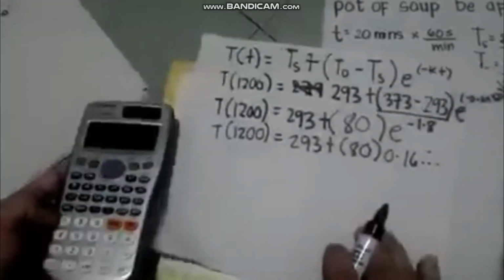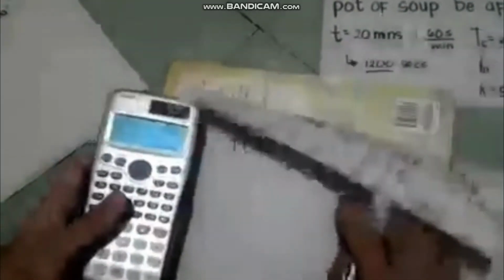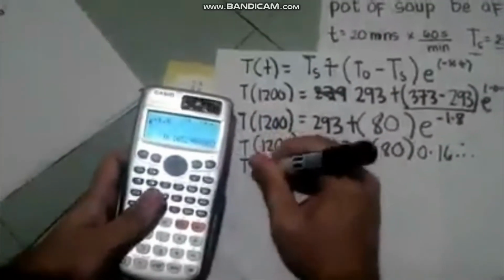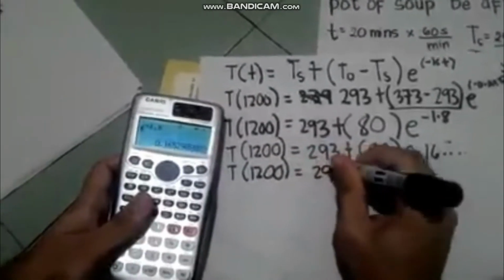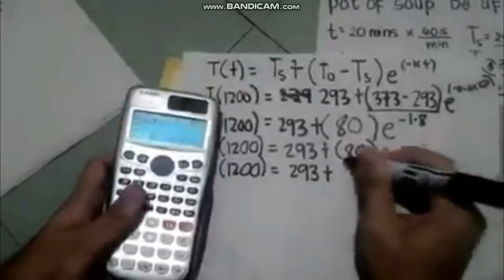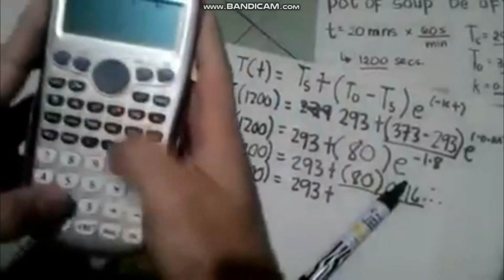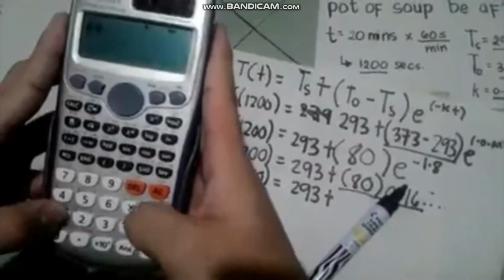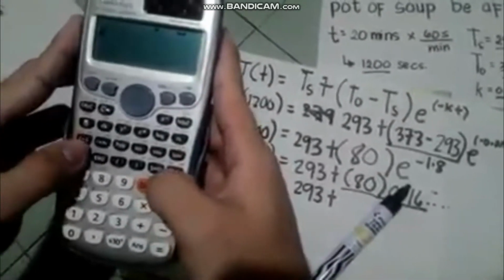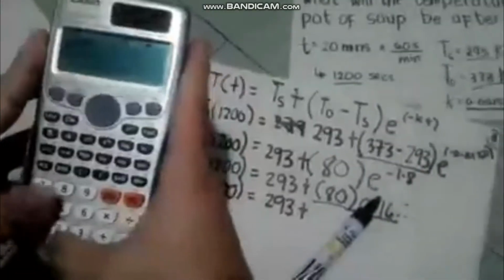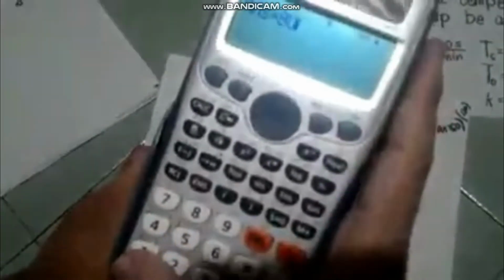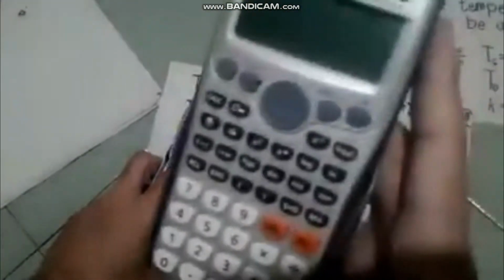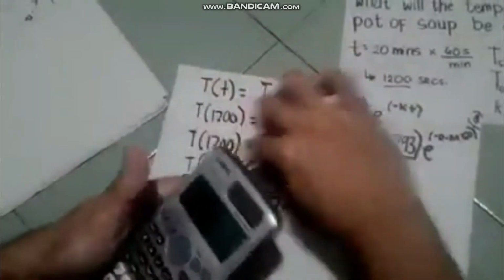Okay, next by PEMDAS, multiplication: we will multiply this times 80, which is 13.22.